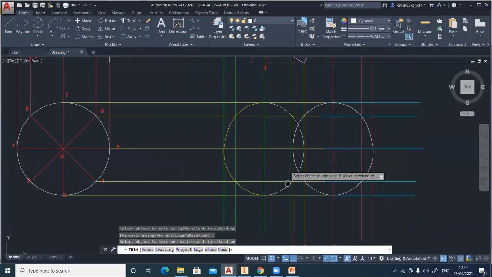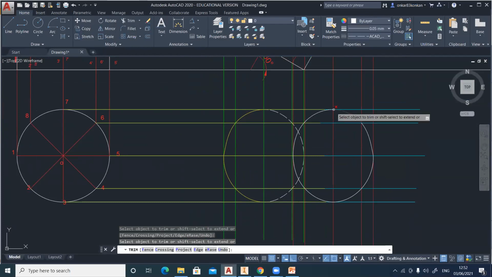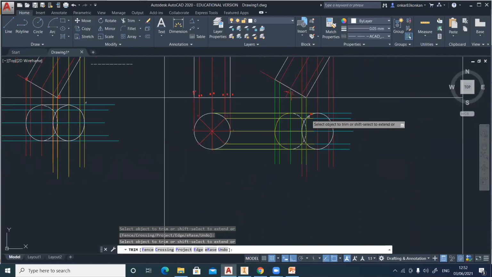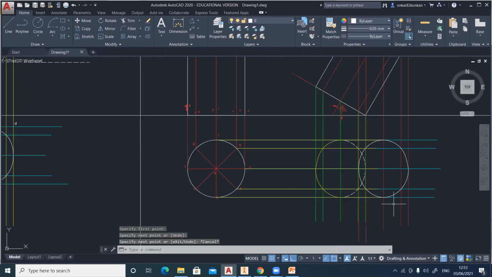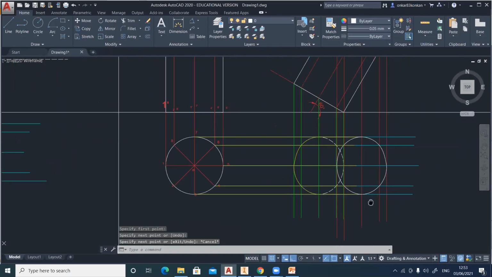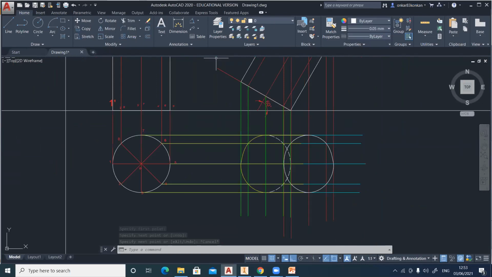Now join this point with the point on the top base via straight line. That will represent the extreme generators. So this is your complete top view in the second stage.